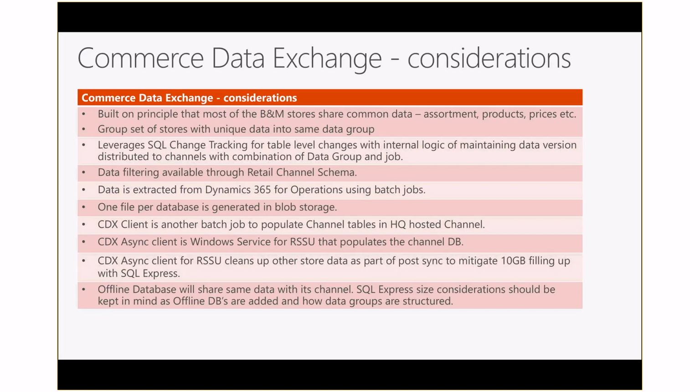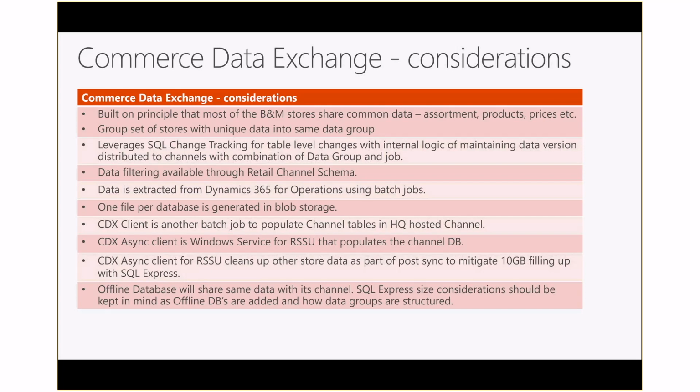So every table level change that is part of the retail channel schema basically is tracked for changes. And then we have an internal logic that ensures for a distribution schedule or a job, a tracking is done to what data has been sent to what channel database or offline database.